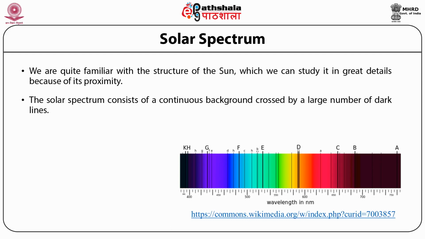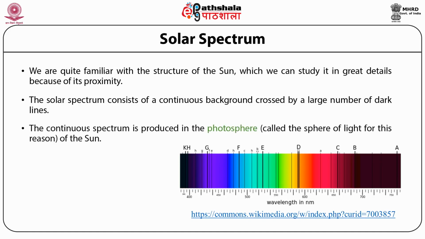The existence of dark lines was explained correctly by Fraunhofer. These lines are therefore called Fraunhofer lines, as shown in this figure.